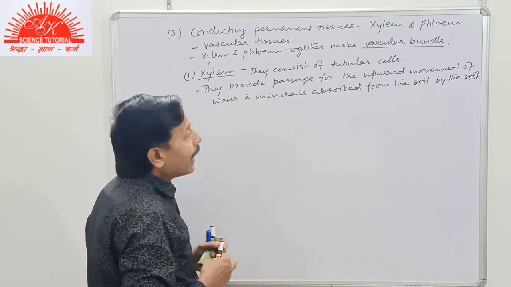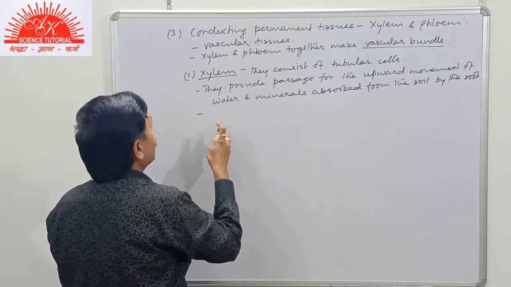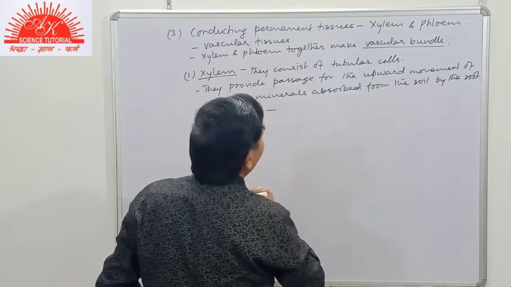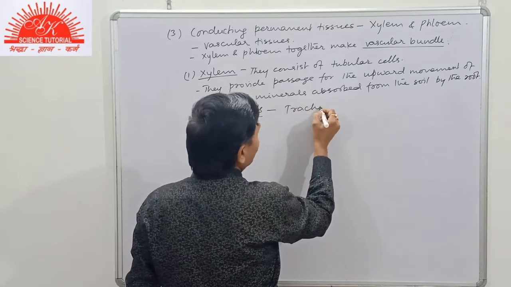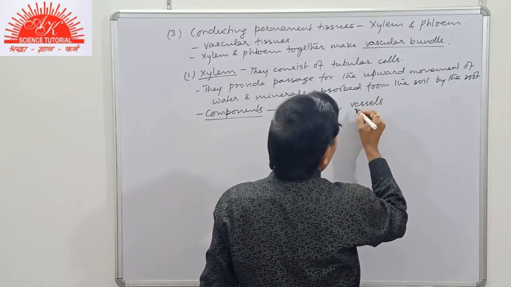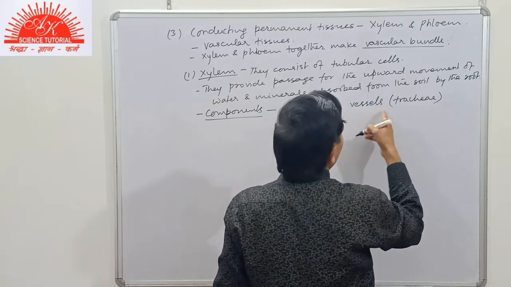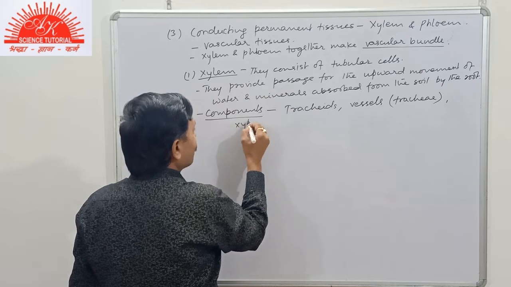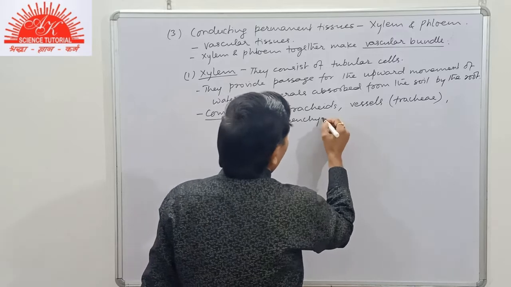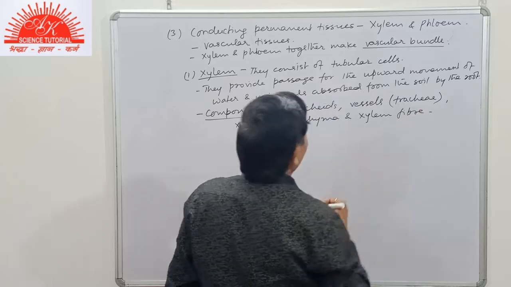Now the xylem consists of four components. The components of xylem are tracheids, vessels, also called trachea, xylem parenchyma and xylem fibers.